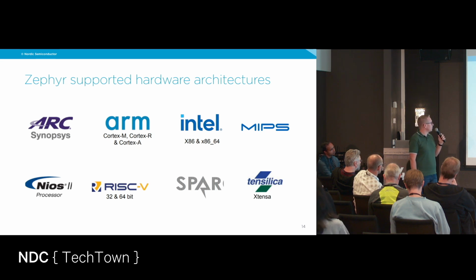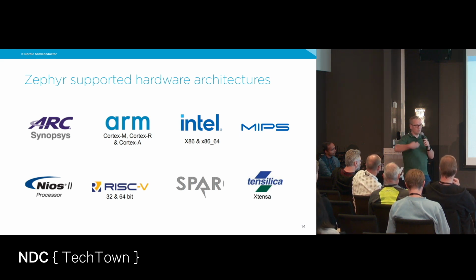But all these architectures are supported in Zephyr. And I think with this level of support, the architecture is there to support yet another one, and there are other plans to add more. I think they cover the main part of the market, so I'm not sure how much more you need, but the architecture is ready to accept.